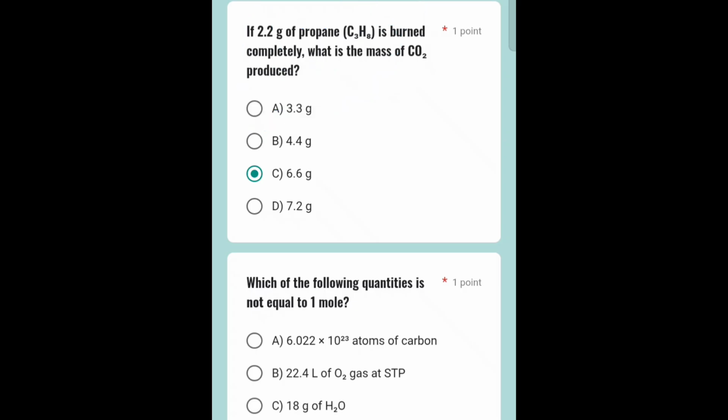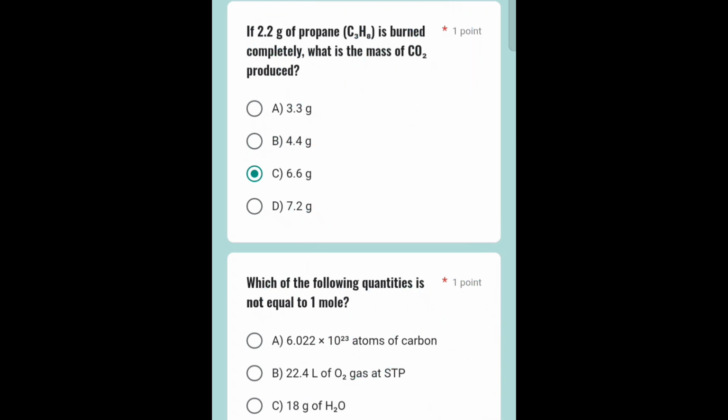As we have 2.2 gram, we convert into moles first. As we know, carbon is 12, so 36, and this comes out to be 44. We would have 0.5 moles if we had 22, but here it is 2.2. So we have 0.05 moles of propane, and it will form 3 multiply 0.05 moles of CO2.